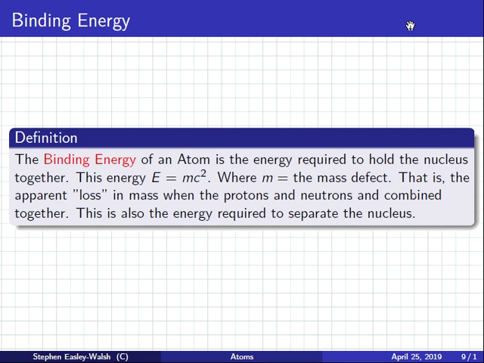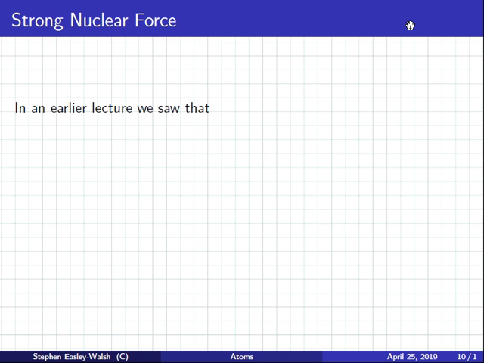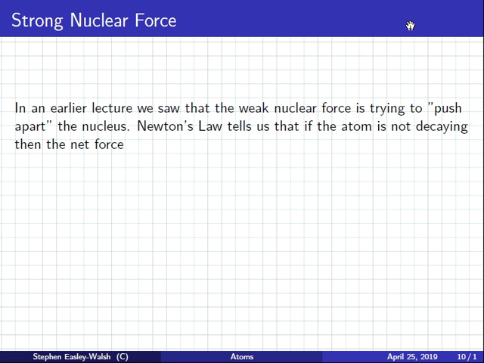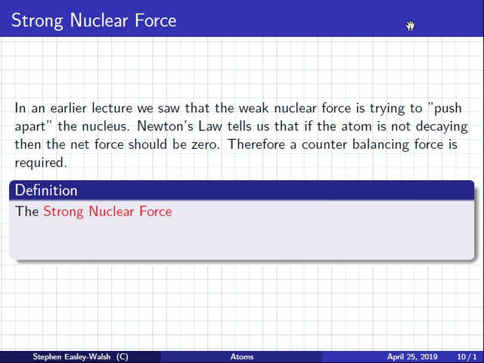Continue. Right. In an earlier lecture, we saw that the weak nuclear force is trying to push apart the nucleus. Newton's law tells us that if the atom is not decaying, then the net force should be 0. Therefore, there's a counterbalancing force called the strong nuclear force.